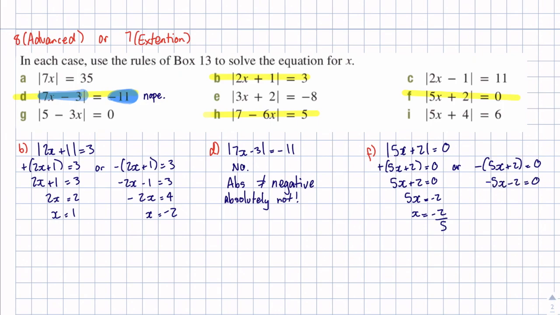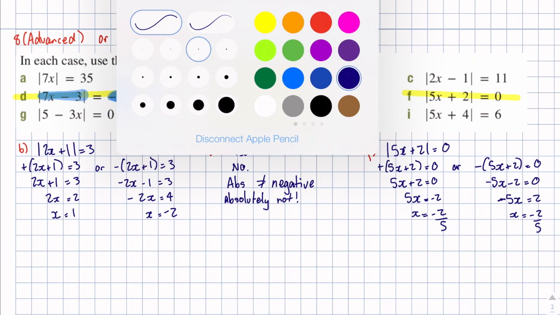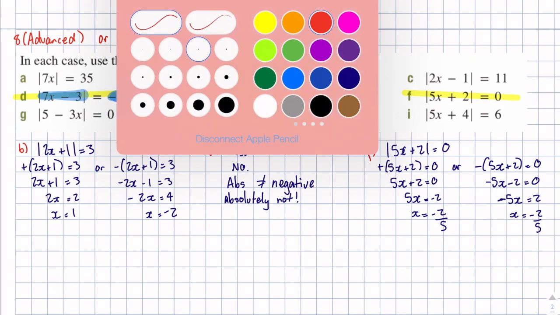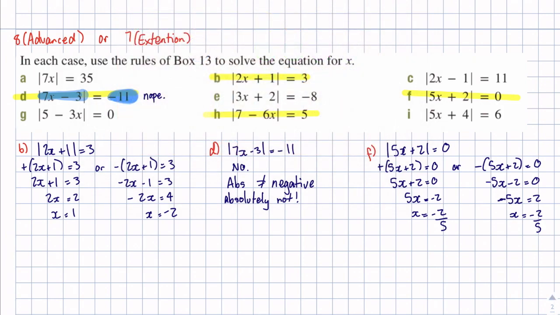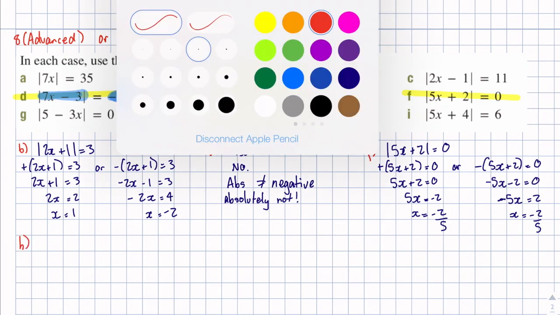We're going to get the same answer. Negative 5x equals positive 2, x equals negative 2 fifths. It's the same answer, and that's because it equaled 0. Every time it equals 0, it's only going to be one answer.